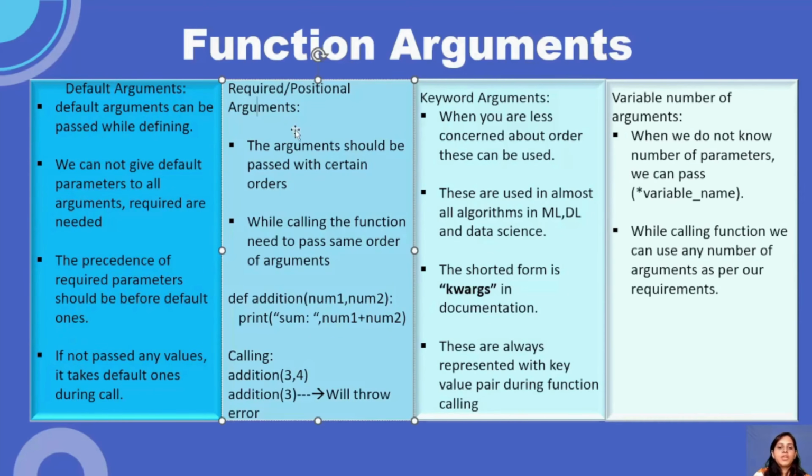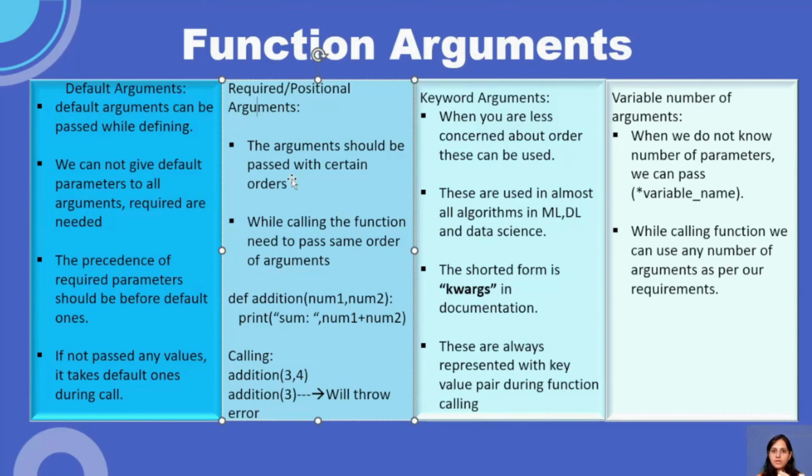Second, required or positional arguments. The arguments should be passed in a certain order; required arguments should always follow order. Consider a student info function where, in the function definition, you have name, then roll number, then subject.